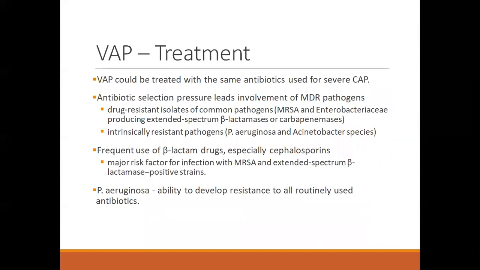VAP could be treated with the same antibiotics used for severe CAP. Antibiotic selection pressure leads to involvement of multi-drug resistant pathogens. You have drug-resistant isolates of common pathogens, such as MRSA and Enterobacteriaceae producing extended spectrum beta-lactamases or carbapenemases, and intrinsically resistant pathogens such as Pseudomonas aeruginosa and Acinetobacter species.